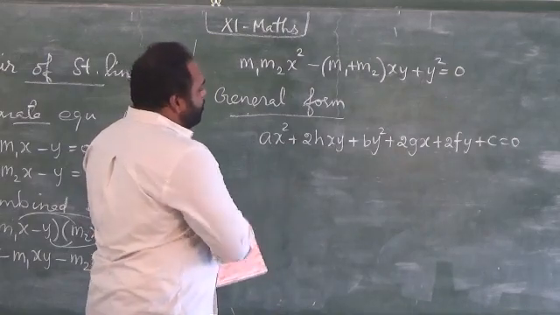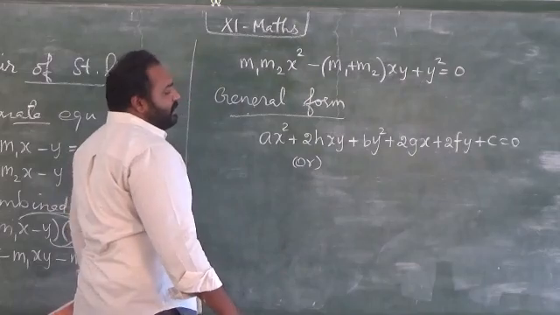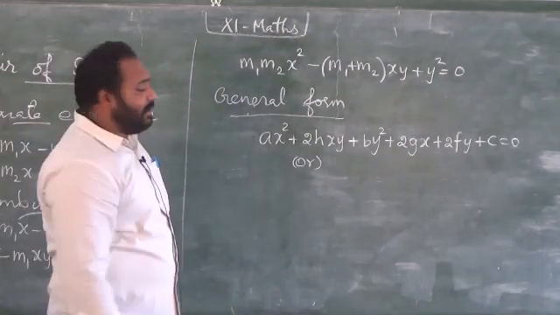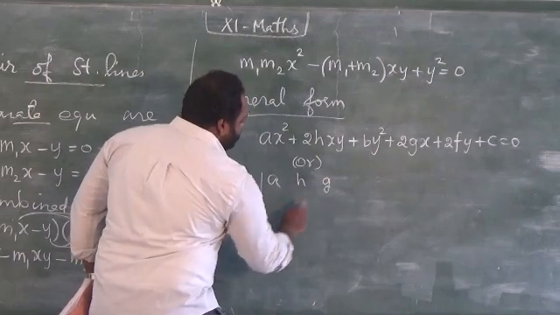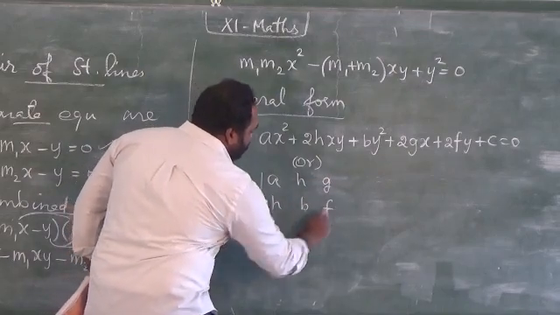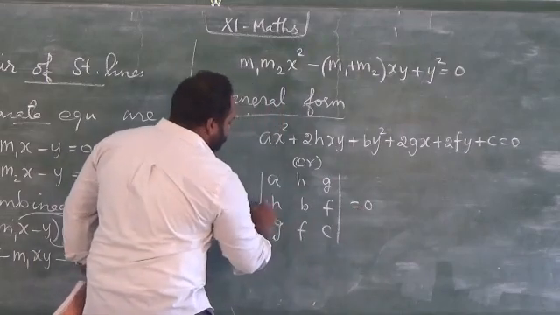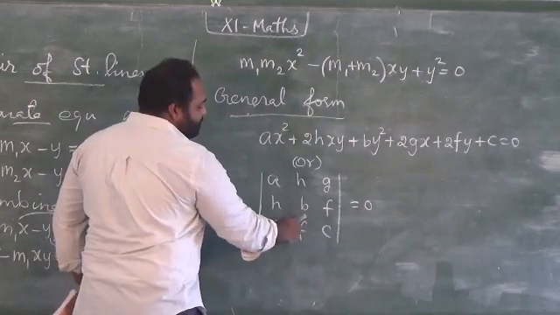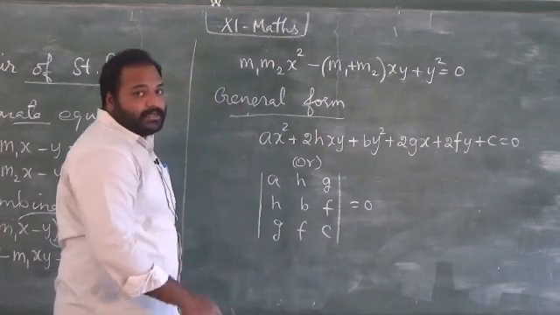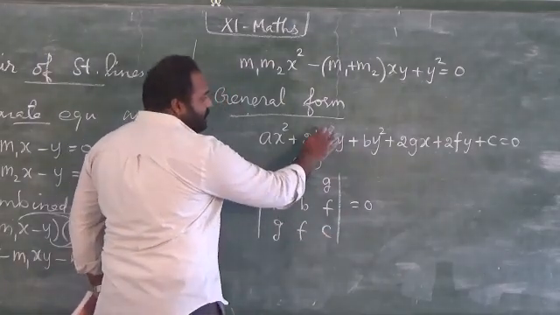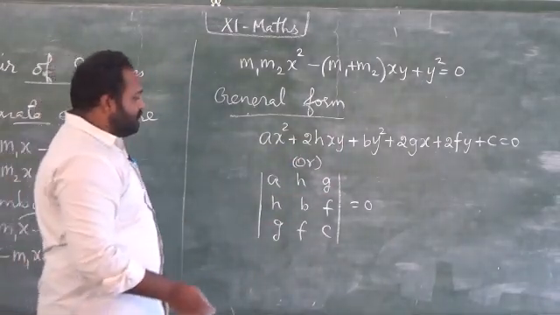Here we have another format, the determinant formula also. Determinant with rows a h g, h b f, g f c equal to 0. This is also another formula. We can use both formulas for a pair of straight lines.